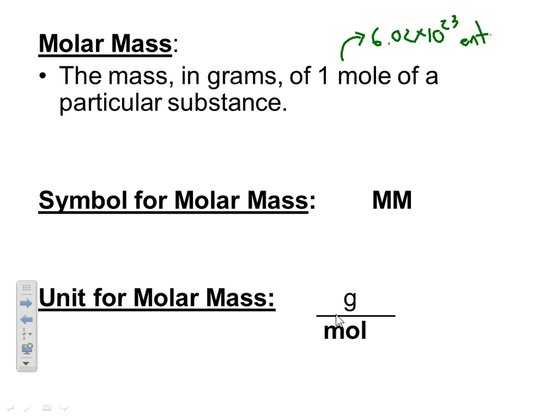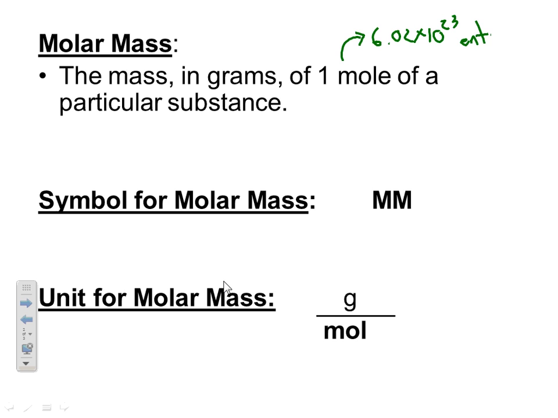It's the number of grams, per 1 mole of a substance, over moles. So the unit, we say, is grams per mole, all right? So again, this is the mass of 1 mole, a large group of entities of a particular substance.